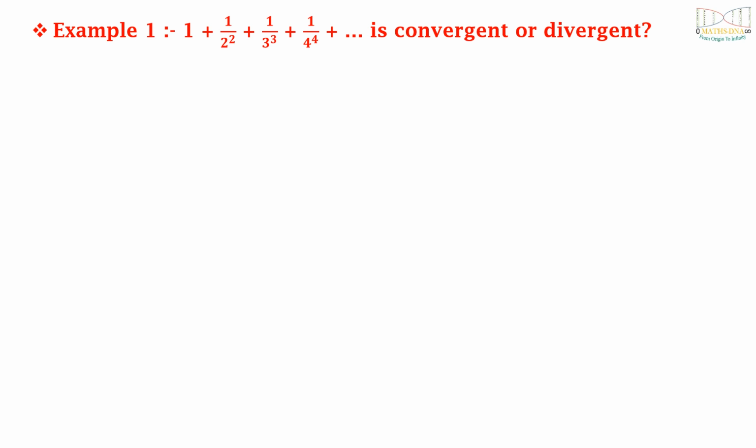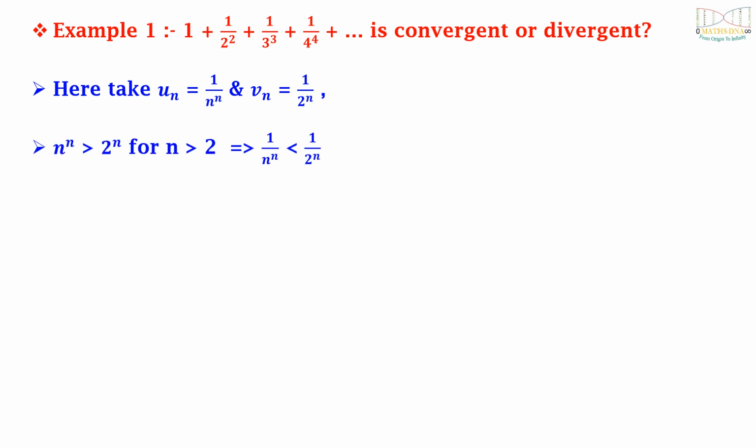Example 1. 1 plus 1 by 2 raised to 2 plus 1 by 3 raised to 3 plus 1 by 4 raised to 4 and so on is convergent or divergent. Here take un equals 1 by n raised to n and vn equals 1 by 2 raised to n.